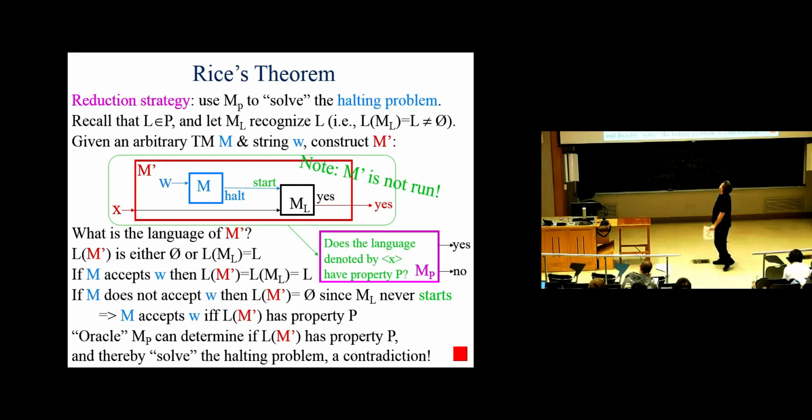Yeah, so the other case, the language can't be empty. The language of M sub L, i.e. L, that can't be empty either. But if the property had all the languages in it, it would also have the empty language as an element. And L could be one of those.